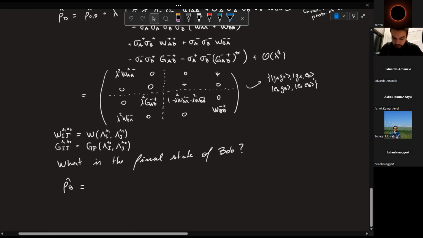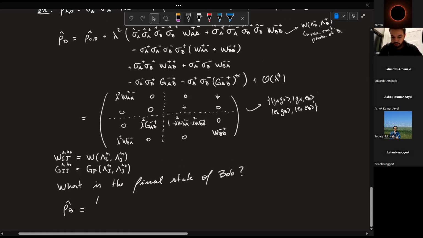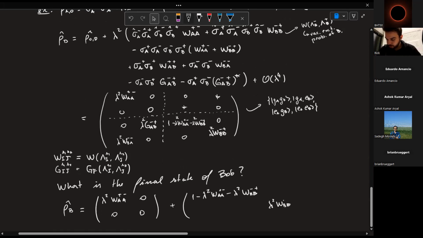So what do we get if we do this? Well, rho B is just going to be the sum of the matrix above, which is the lambda squared WA plus A minus 0, 0, 0, plus 1 minus lambda squared WA plus minus lambda squared WB B minus plus, lambda squared WB B minus plus.